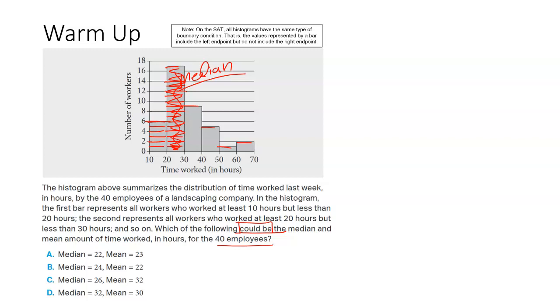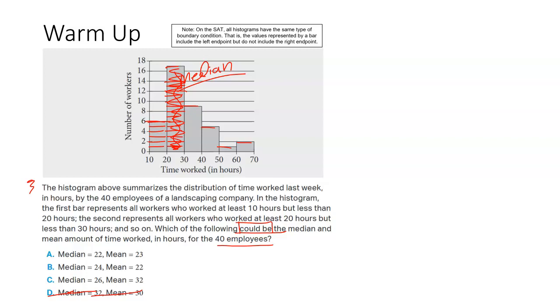So I can eliminate one of these median values. Which one? I can eliminate option D because that median, let's draw on it, is outside of where I expect my median to be. So I can get rid of D.